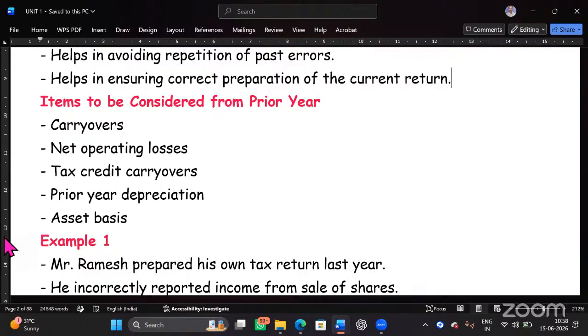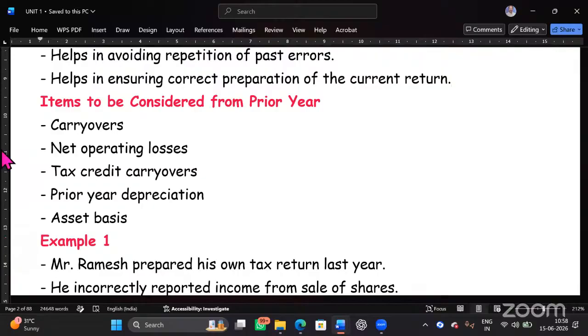Net operating loss will be covered in chapter number 7. Tax credits and carryover, this concept you are going to learn around chapter number 13. So I am asking you to just read these points only. You can't understand yet. Each one has lengthy material. It will be covered in the subsequent chapters.